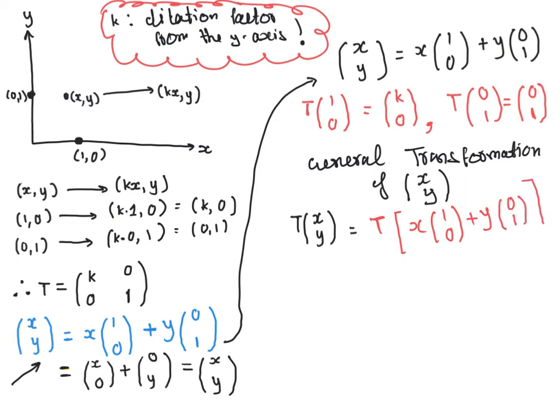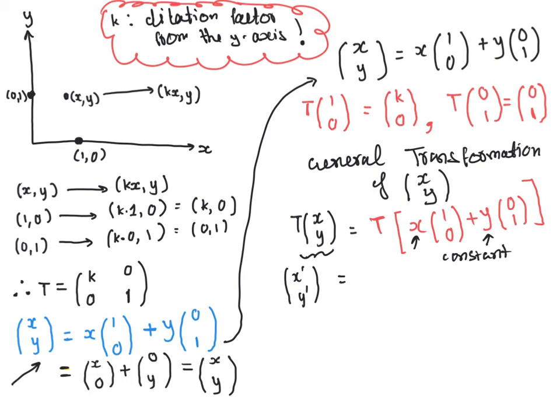I will call the transformed point the new x and the new y, written x dash, y dash. Remember x and y are constants, so we can pull them out.